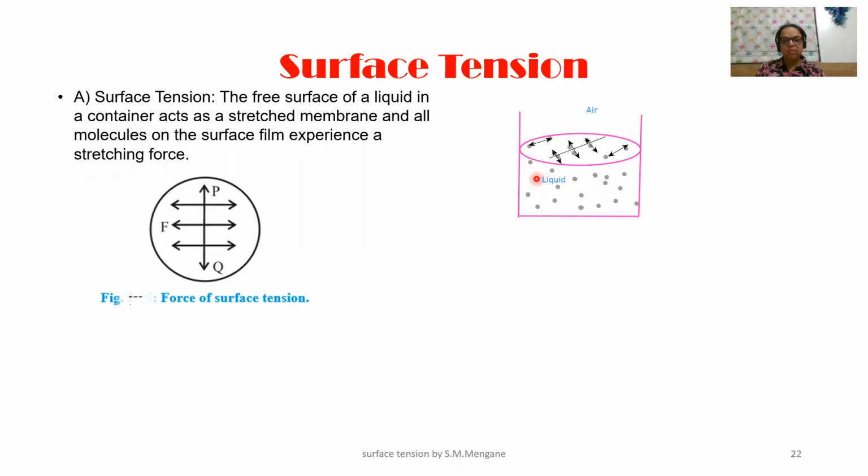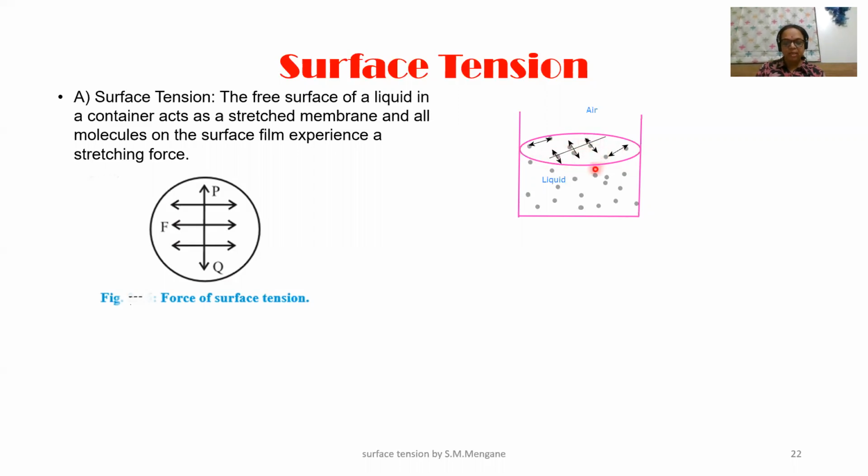Suppose there are a number of molecules here and all these molecules attract each other, every molecule applying a force of attraction. To calculate the force, we will draw a hypothetical line like this on the surface. There are certain molecules along this side also, on either side of the line. All these molecules are pulling each other. So this is the direction of force.